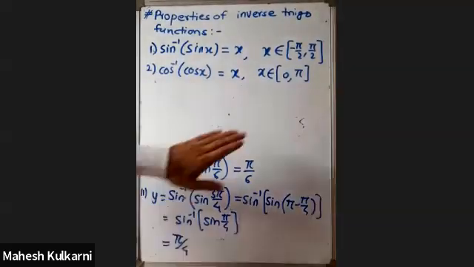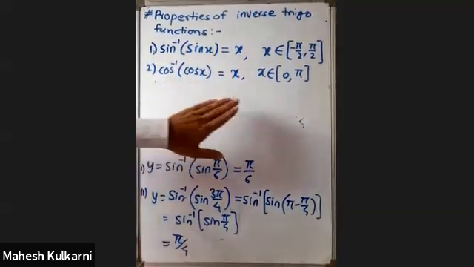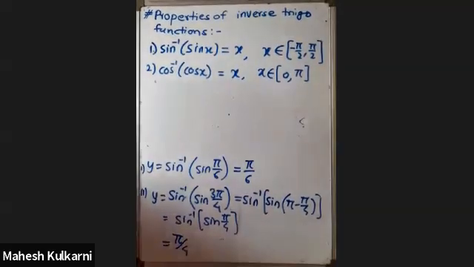Now note this interval for cos inverse. As we have already discussed, the range of the cos inverse function should be 0 to pi, closed interval.